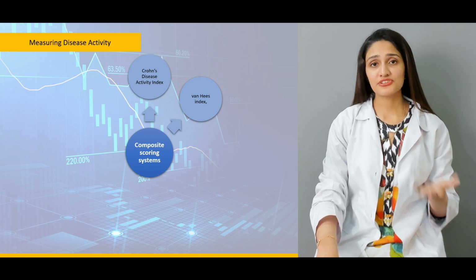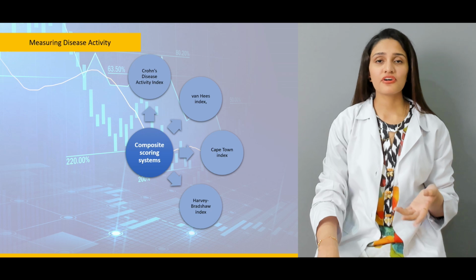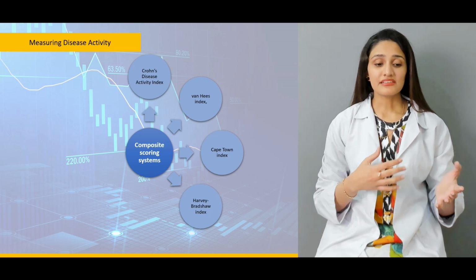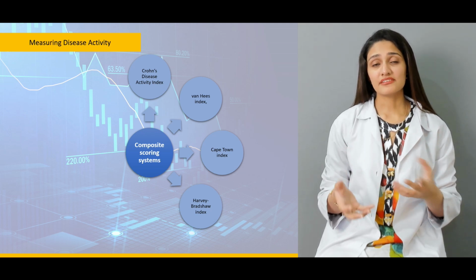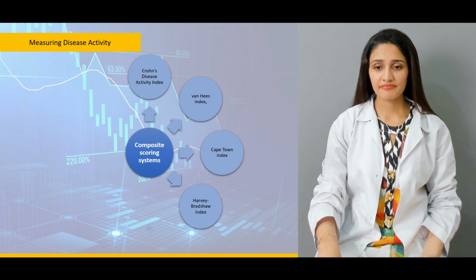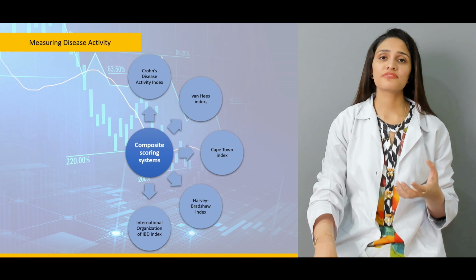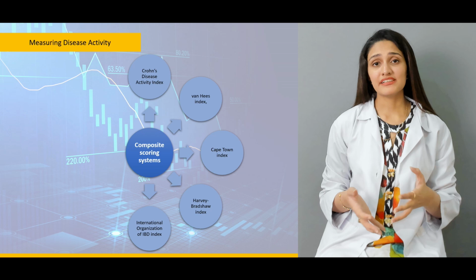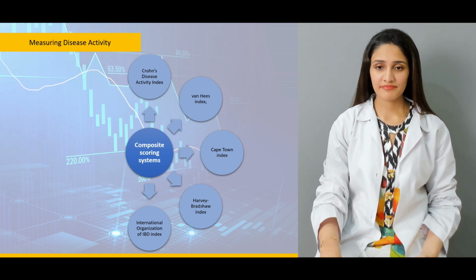The Cape Town index and the Harvey Bradshaw index have also helped in sign and symptom based disease activity. And there's the International Organization of Inflammatory Bowel Disease index, which can also help us measure the disease activity.